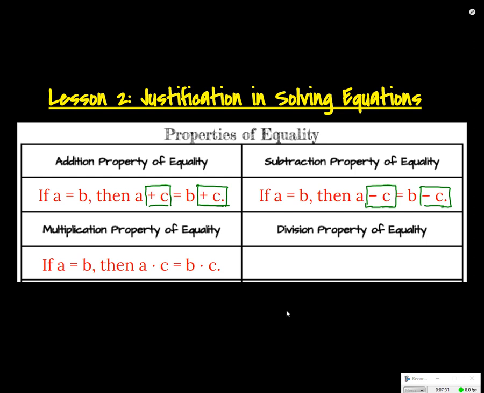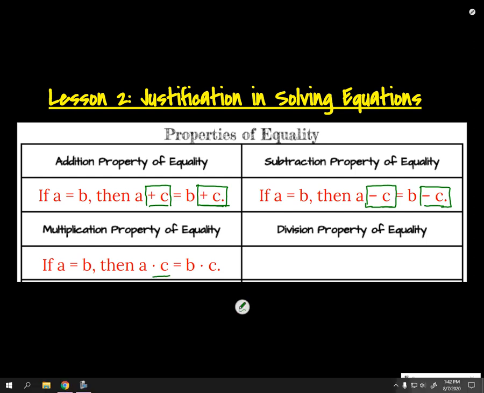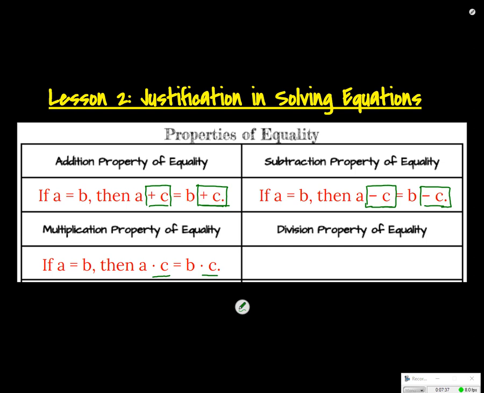All right, multiplication property of equality: if A equals B, then A times C equals B times C. Now notice those dots. I think I said in one of the other videos, we're going to move away from using an X to represent multiplication, and you're going to be moving closer to either putting a dot or one of the other ways. Actually, there's two other ways.